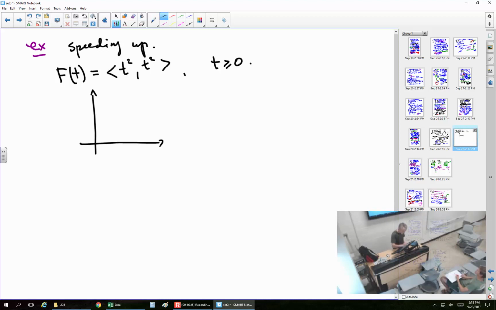So this is a curve. The curve itself looks like this. It is indeed a straight line, but the parameterization is not linear. So straight line, non-linear or non-uniform motion.